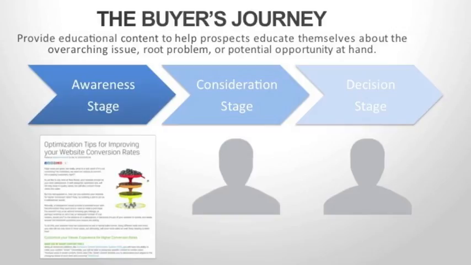This is where they should provide educational content to help prospects educate themselves about the overarching issues, root problem, or potential opportunity at hand. In this case, they recognize that their buyer persona has problems with website conversion rates, so they created this blog post to educate them on that topic.